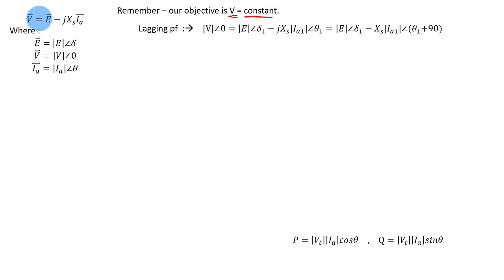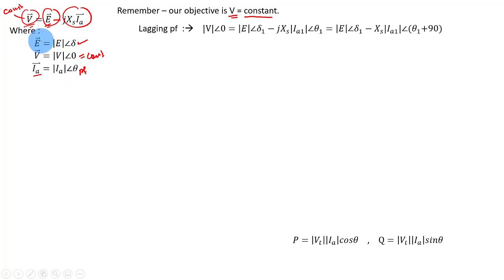If I reverse V and E, we have this equation here: the phase voltage V equals the EMF voltage E minus jXIA, right? Remember these are phasors. So this is what we want to keep constant. E has an angle of delta, V is always at angle 0 and is always constant, and IA has the angle of theta, the power factor angle.